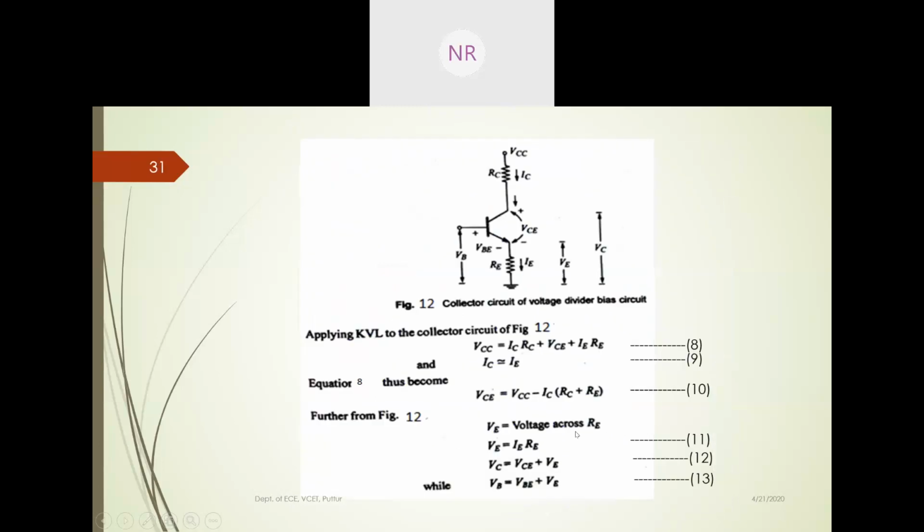Okay. Next is VC, the output voltage you need to calculate. This equation is also very much important. VC equals VCC minus ICRC, that is applying KVL for the output loop: VCC minus ICRC minus VCE minus IERE. IC and IE are approximately equal, so replacing IE by IC, this is the equation you will be getting. Okay.